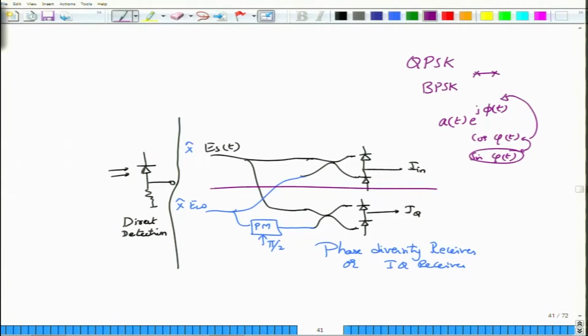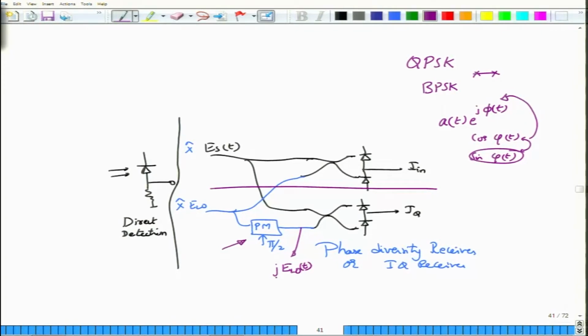This arrangement is quite simple. You take the incoming signal ES, take one part of that, and let that part come to this other scheme, which is essentially the same as the top one. The difference is that there is an extra phase modulator on the local oscillator signal, so that the signal that comes out at this point will be jELO of t.